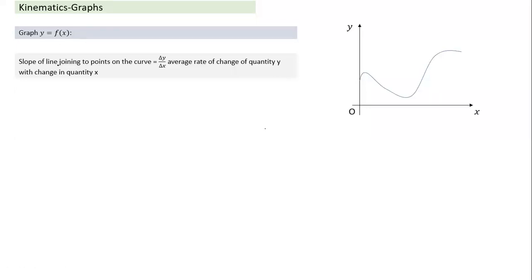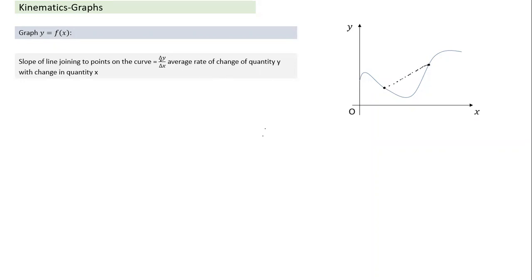That's how we plot y equals f of x. Now there are two important properties of a graph, and that's what we'll see. One is the slope of the line joining 2 points on the curve. If I take any 2 points on the curve and join them by a line, what does the slope of the line joining 2 points on the curve indicate?